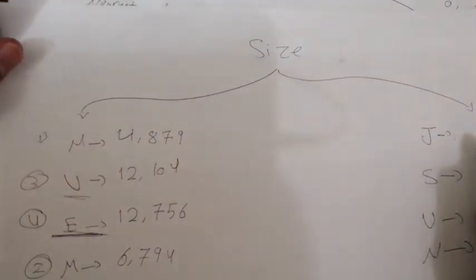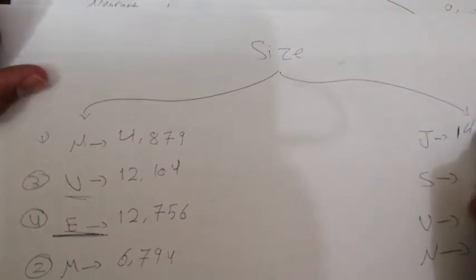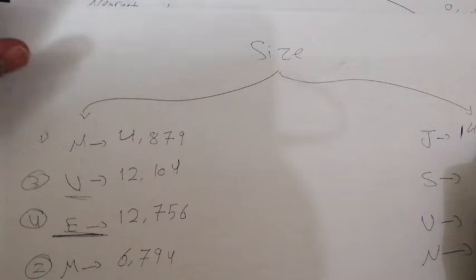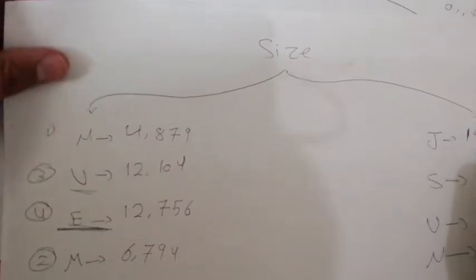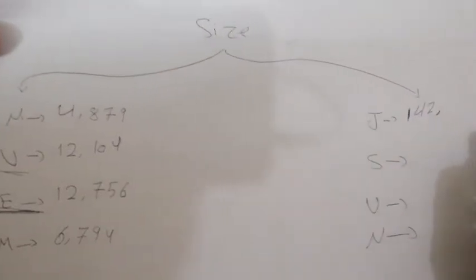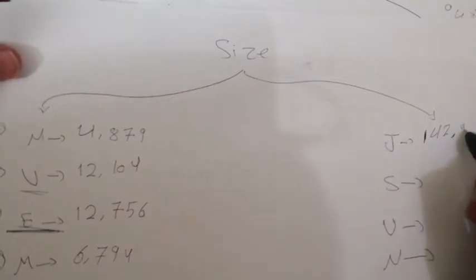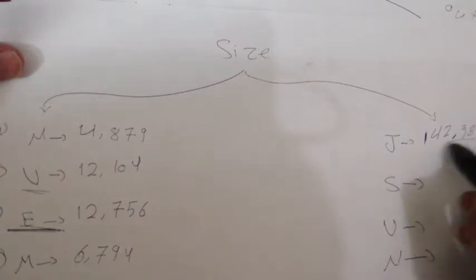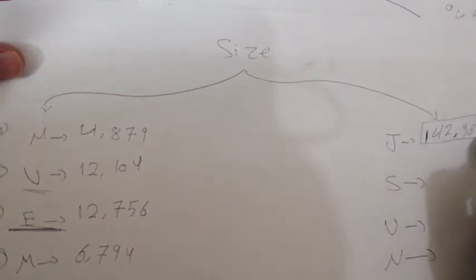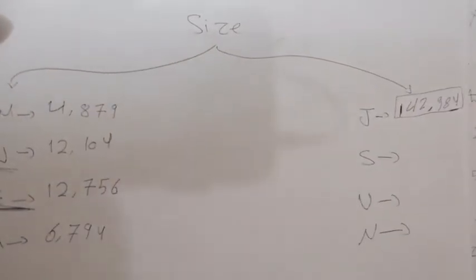Look at the number, it's 142,984. And for this, Jupiter is the biggest planet in the solar system.